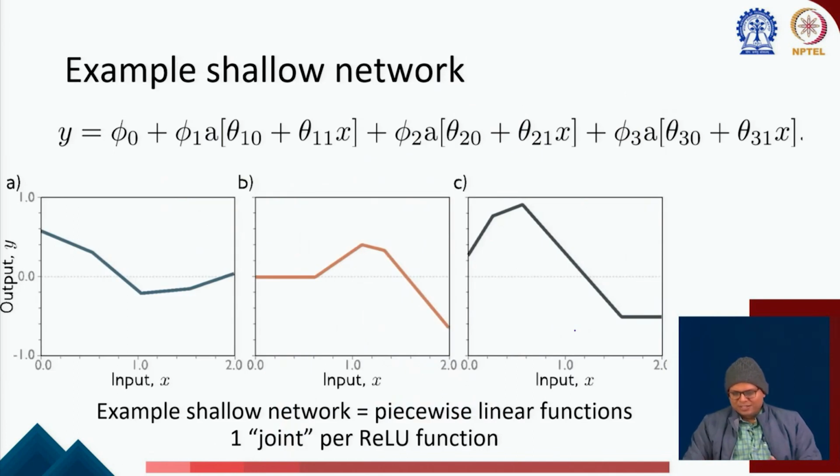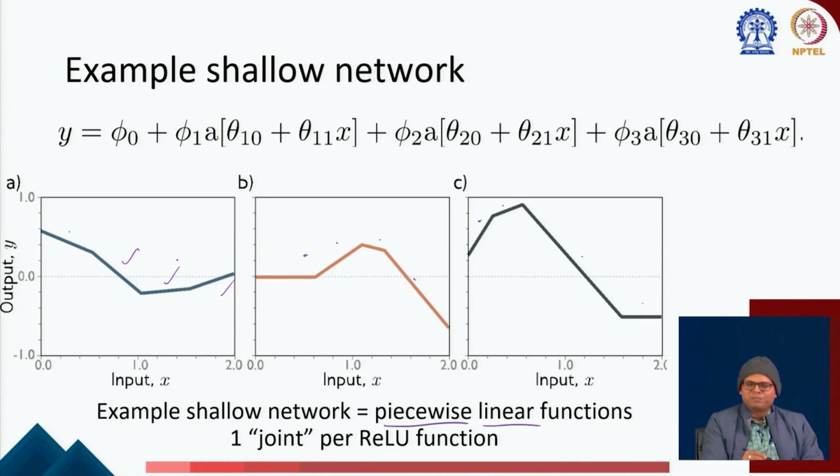And you can try out different values of phi naught, phi 1, phi 2, phi 3, etc. They can give you different kinds of things, but they would have 4 regions. Yeah. So, we can call these piecewise linear functions.